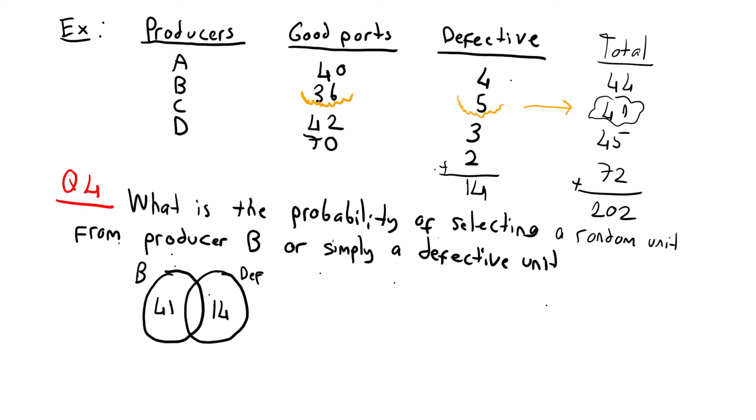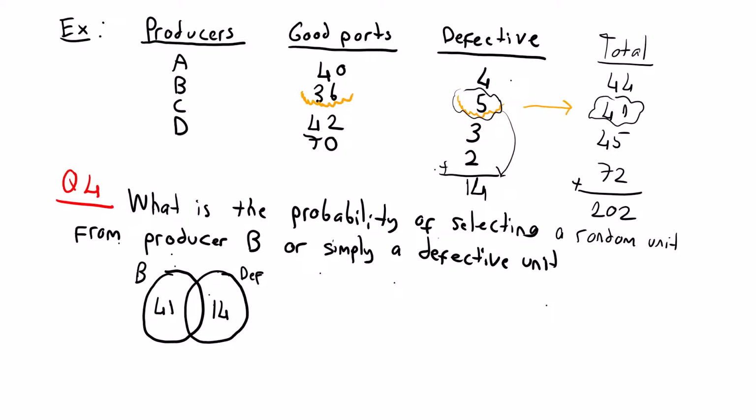When we calculated the number of defective units out of 202, we also considered those 5 in 14. So in this problem, there are 5 defective products common to both events.